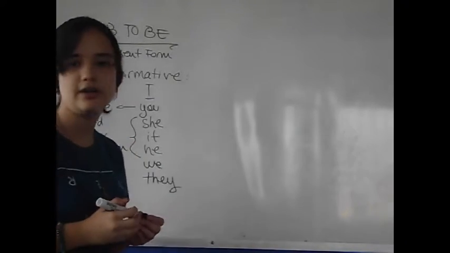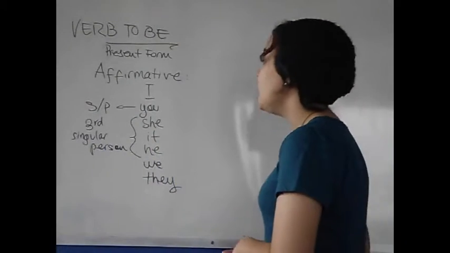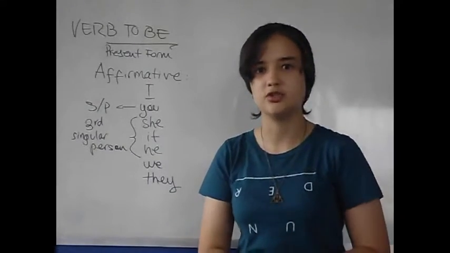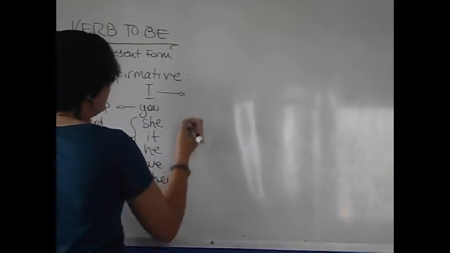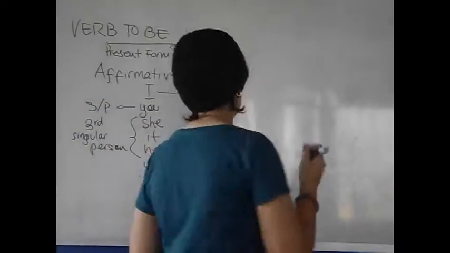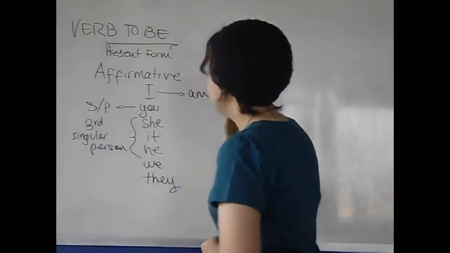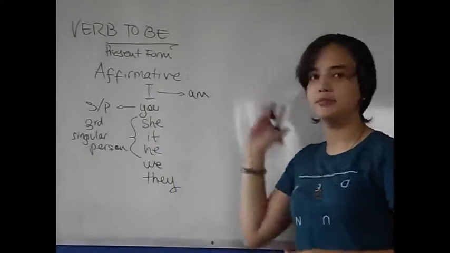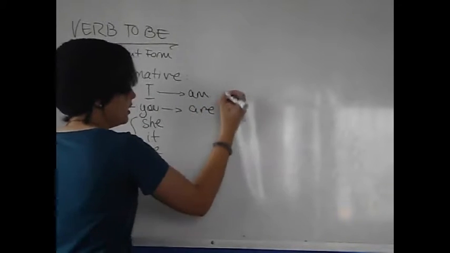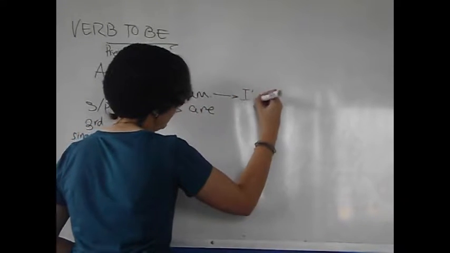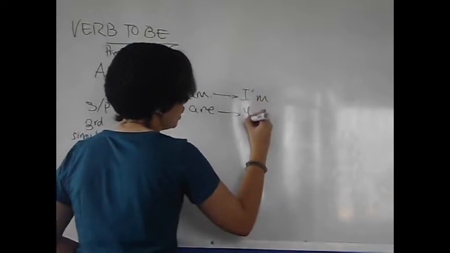I know my handwriting is not beautiful to see, but it is understandable, I guess. Okay, so how is the verb to be conjugated? We have I am. Secondly, you are, its contraction, you're.